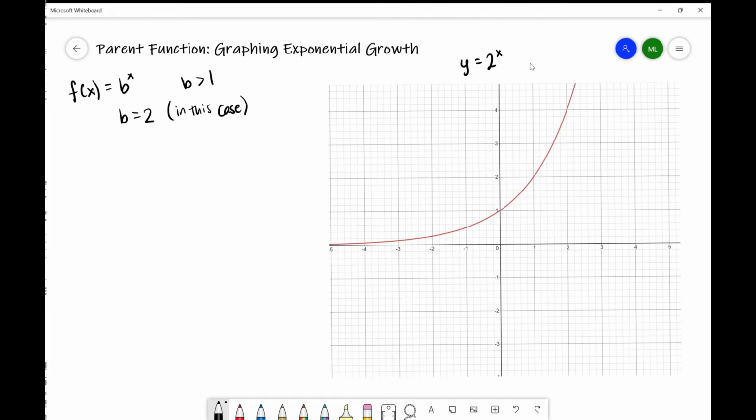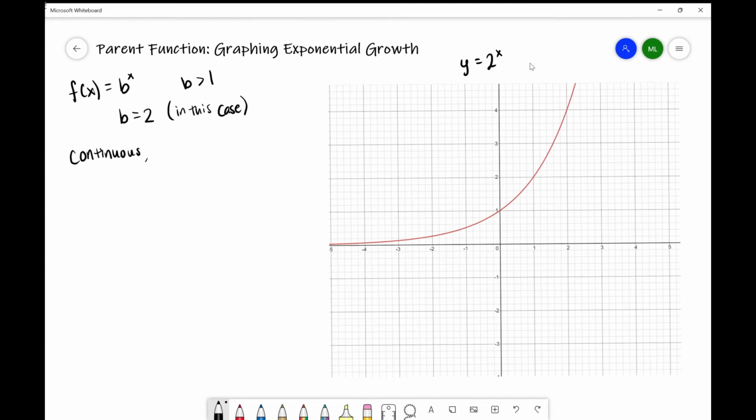Now, next thing I have is, what kind of graph is this? So the type of graph that we can see. Let's analyze this. This is a continuous function. I don't have any disconnects, meaning that I don't jump from one point to another like I would in a piecewise function.